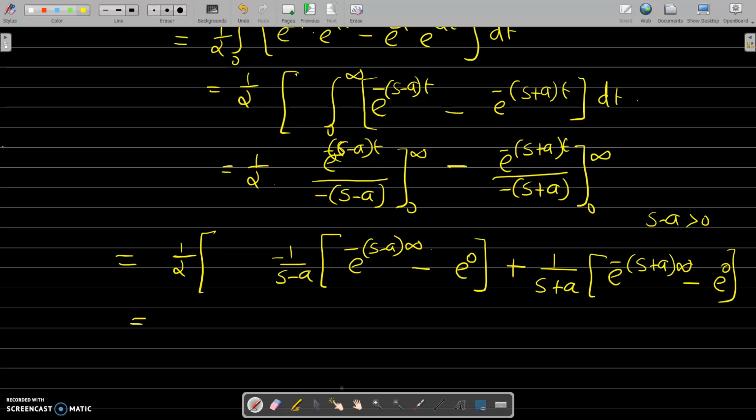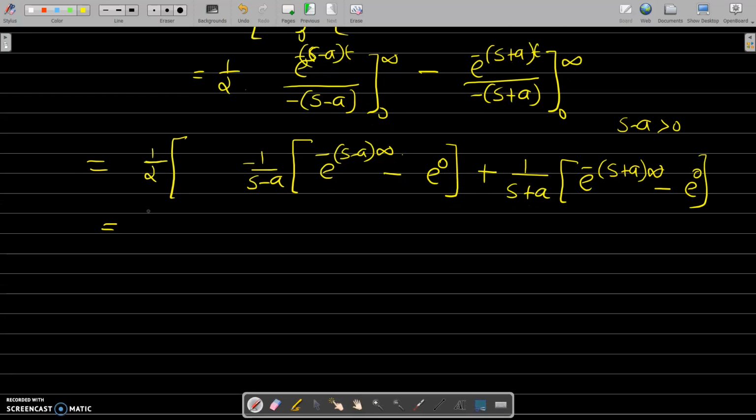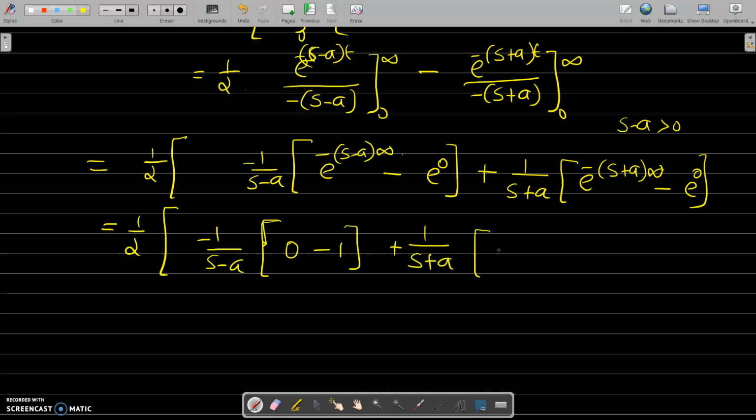So which implies 1 by 2 into minus 1 by s minus a, this is 0 minus 1, plus 1 by s plus a into 0 minus 1, which implies 1 by 2 into minus 1 by s minus a plus 1 by s plus a.